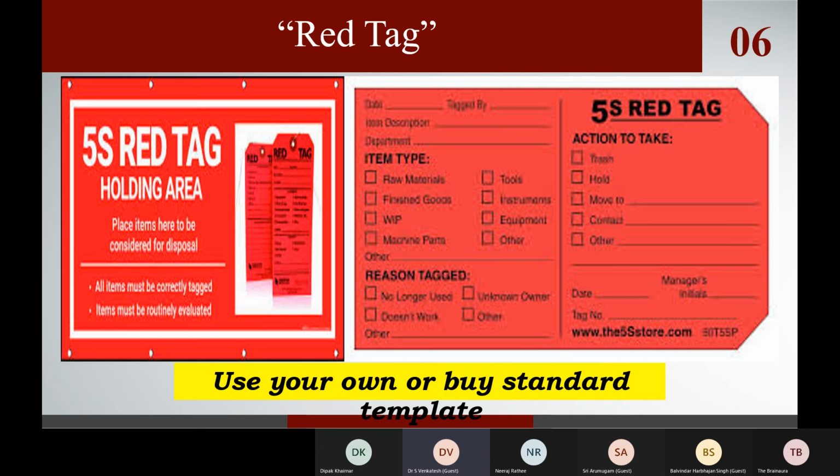That red tag log is very important, and it would be a running register. It won't be a static one, because as and when you do things, you keep making a log of all the items. Okay, next slide please.